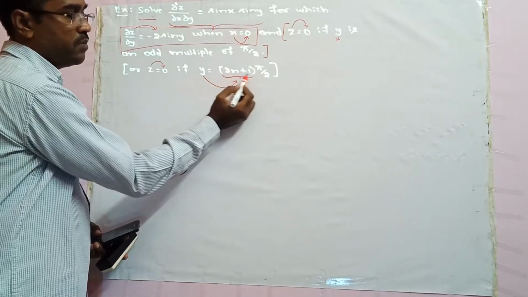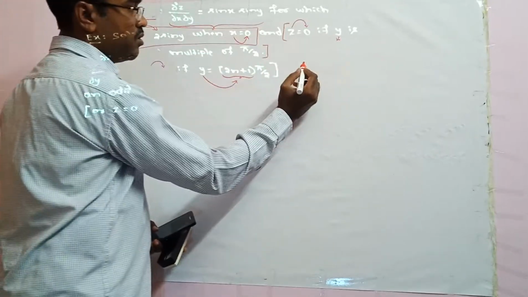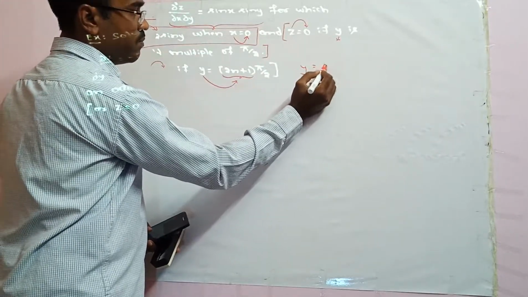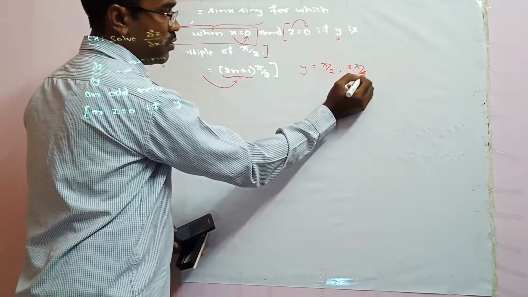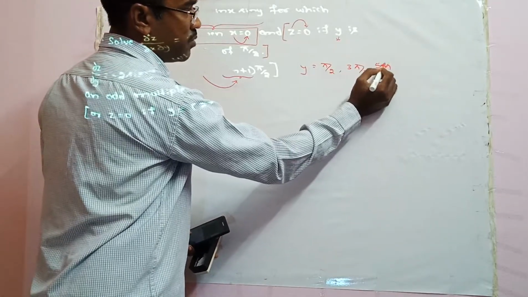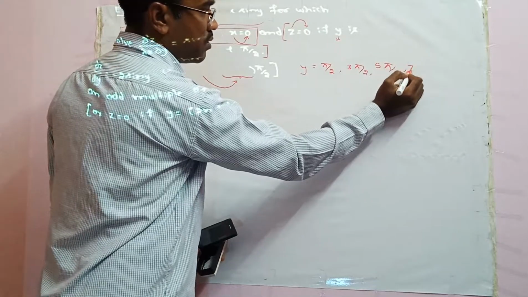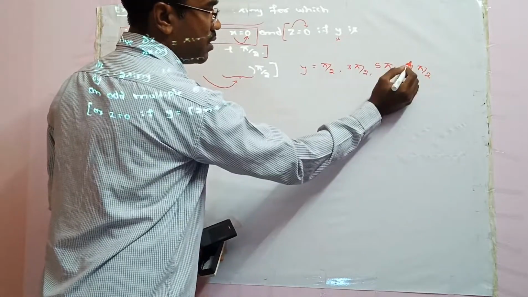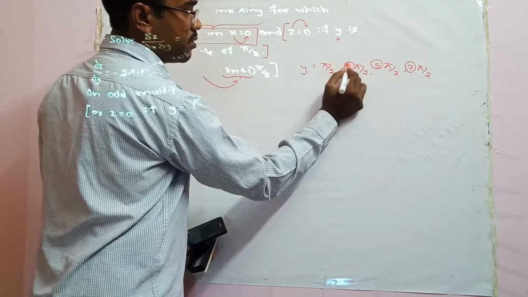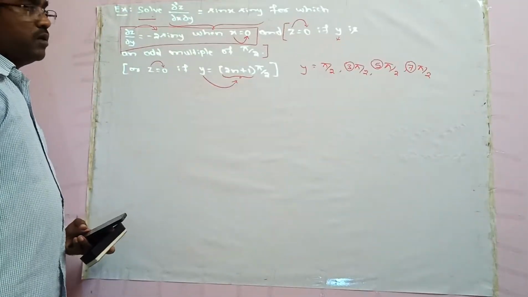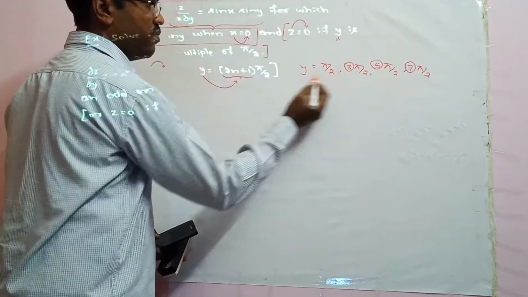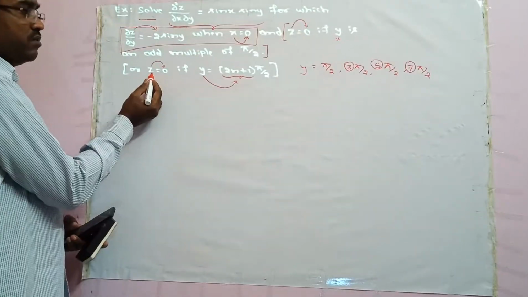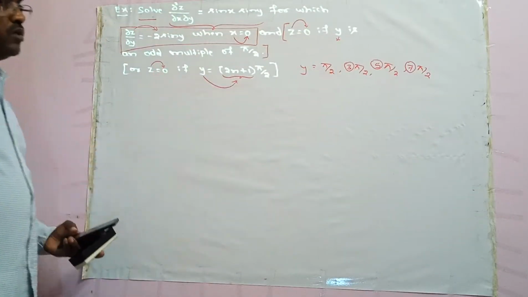That means if y is pi by 2, 3 times pi by 2, 5 times pi by 2, 7 times pi by 2. See, these are all odd numbers. So for all such values of y, z takes the value 0.